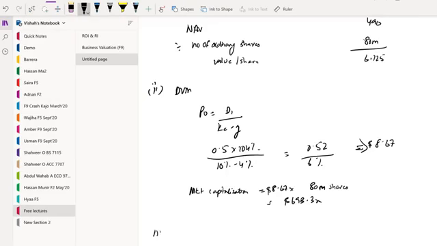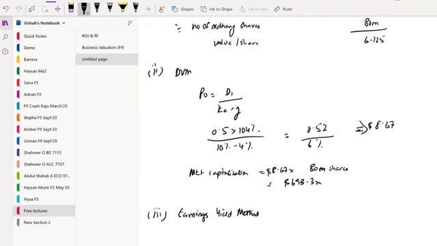Moving on to the earnings yield method. Earnings yield is EPS over market price per share.